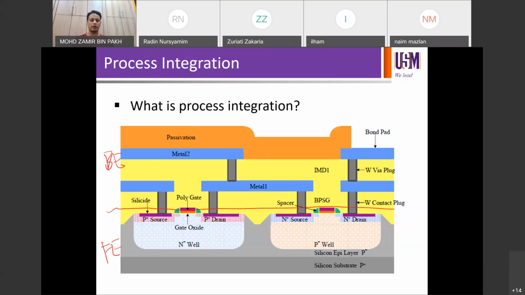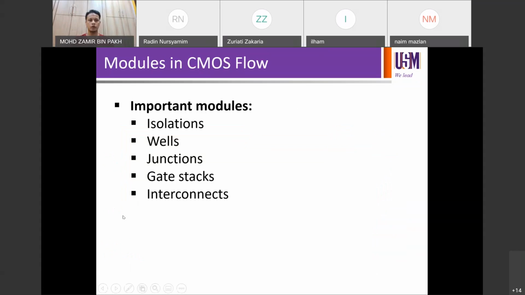On the other hand, if you're assigned to follow a process engineer for the backend, you'll be looking at via, metal, IMD, BPSG until MONPAD, right? So they are altogether 5, more or less. Isolations, wells, junctions, gate stack, interconnects.